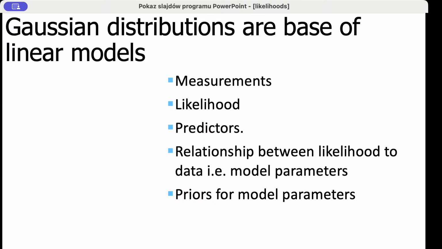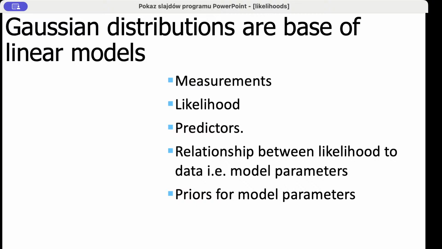Gaussian distributions are generally based on so-called linear models. The same calculations can be done with non-Gaussian distributions. However, Gaussian distributions have a very large advantage, because if we have multiple data points, it becomes a product of exponents. All those exponents can be grouped together and we can do something with them.